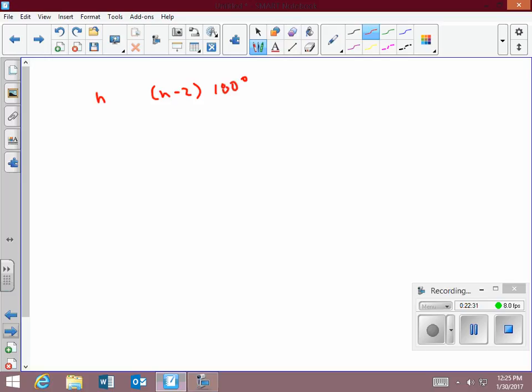So if it's regular, for the vertex angles you just divide by the number of sides. So it's the formula for the interior angles of a polygon of that many sides, and then you divide it by the number of sides. And that tells you what the angles of the regular polygon are.